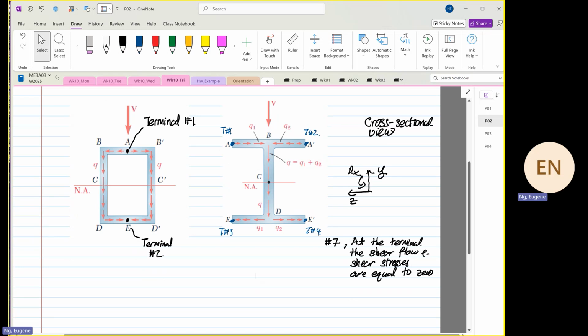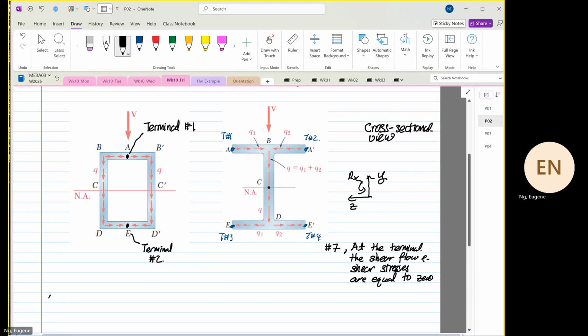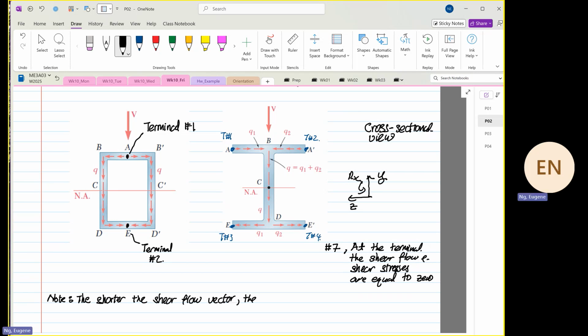And an important thing to take note of is that the shorter the shear flow vector, the lower is the what?